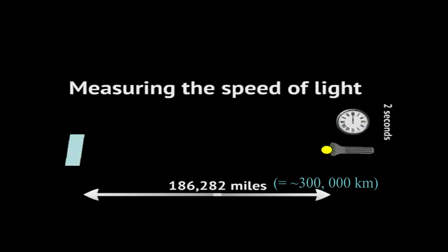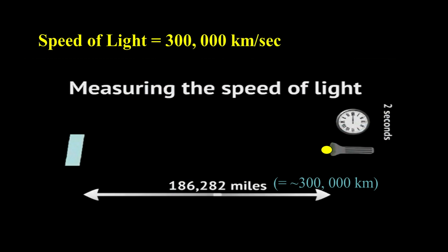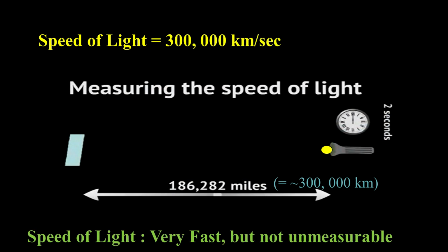If it takes 2 seconds and the distance is 186 miles, 300,000 kilometers, then we can calculate the speed of light using distance divided by time. The speed of light is very, very fast, but it is not unmeasurable. The speed of light is 300,000 kilometers per second.